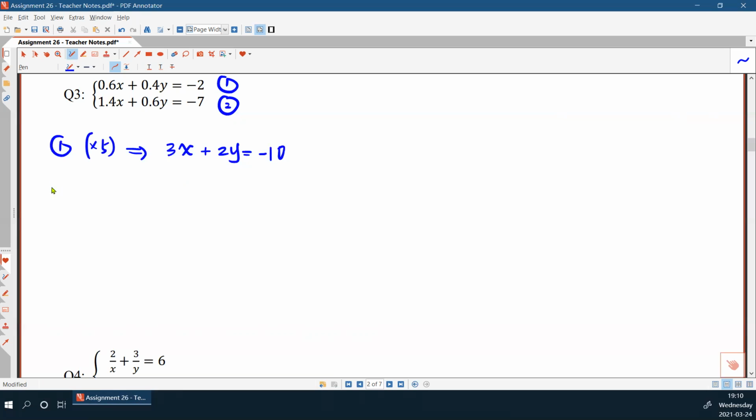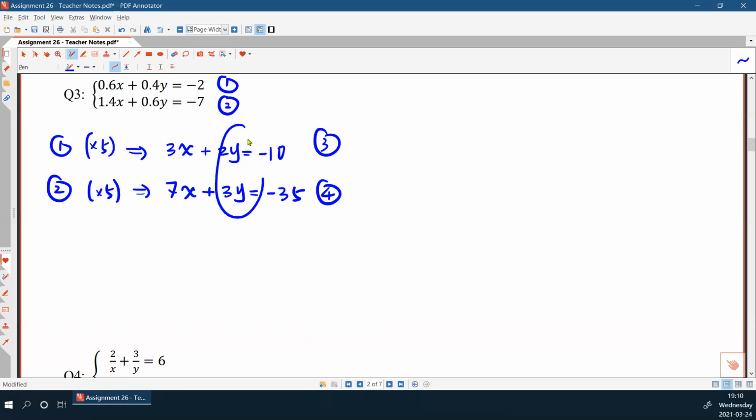Okay, next, the second equation. Again, we can times a 5 to both sides. 5 is enough. It's okay if you use a 10, okay? And this will give us 7x plus 3y equals minus 35. Okay, and then I think it's better to eliminate all the y's here.